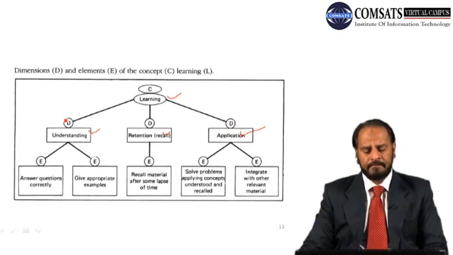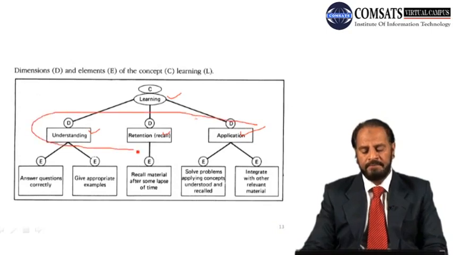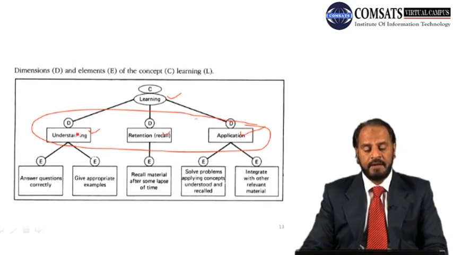So the first level, one could say, of the operational definition of learning is that these are the three traits or dimensions or characteristics of learning. That is, there will be some understanding achieved, some retention made, and some application to be done of the area or the thing which you have learned.